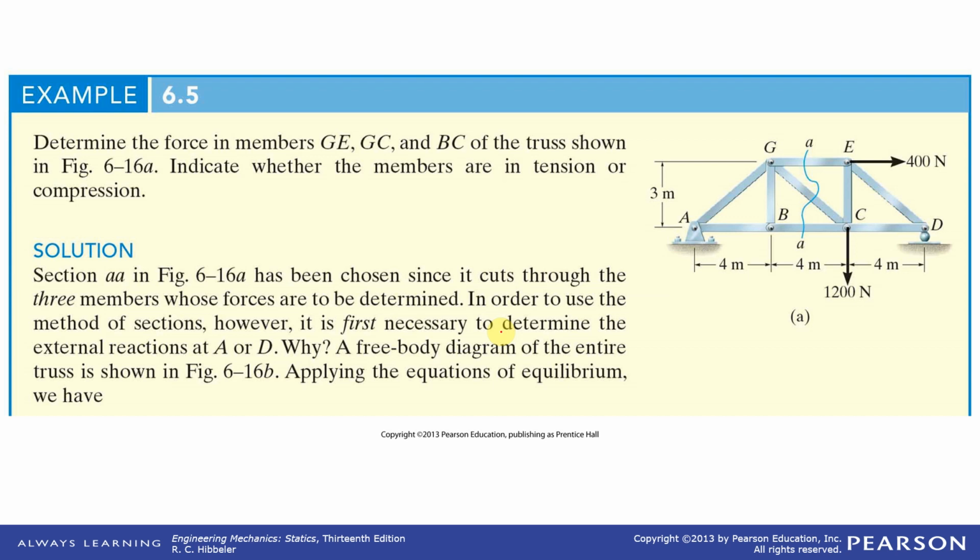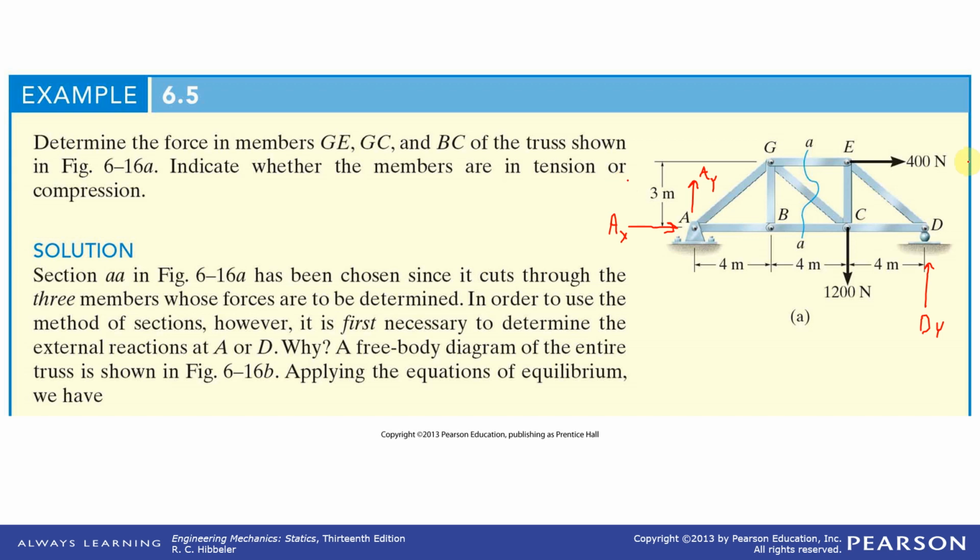So let's do that. So we have 1200 newtons has to equal, well, we're going to have AY. I'll take AX to be a positive value, and DY. Because this is a roller here, we don't have any x component.